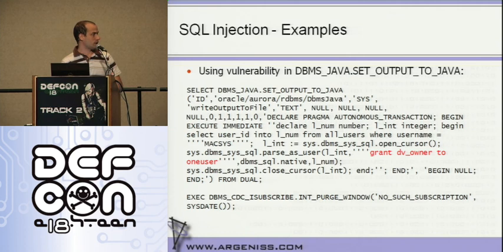Here is, for example, how we can do it with this vulnerability that allows to execute statements as the sys user. So we impersonate the Maxis user with this parse as user function, and then after we have impersonated the Maxis user, we grant the DB owner role to any user.